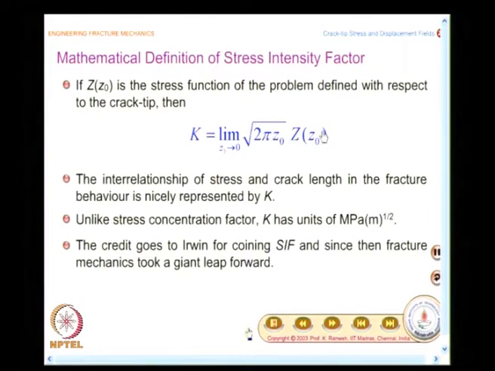In order to distinguish that the origin is shifted, I am using the symbol z naught. If the stress function is known, multiply that by root of 2 pi z naught and put the limit z naught tends to 0. Then whatever expression you get will be the stress intensity factor for that particular problem.